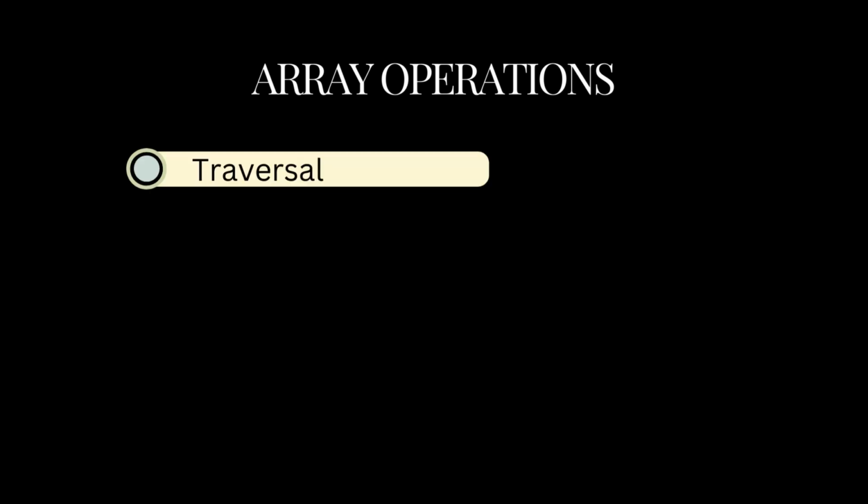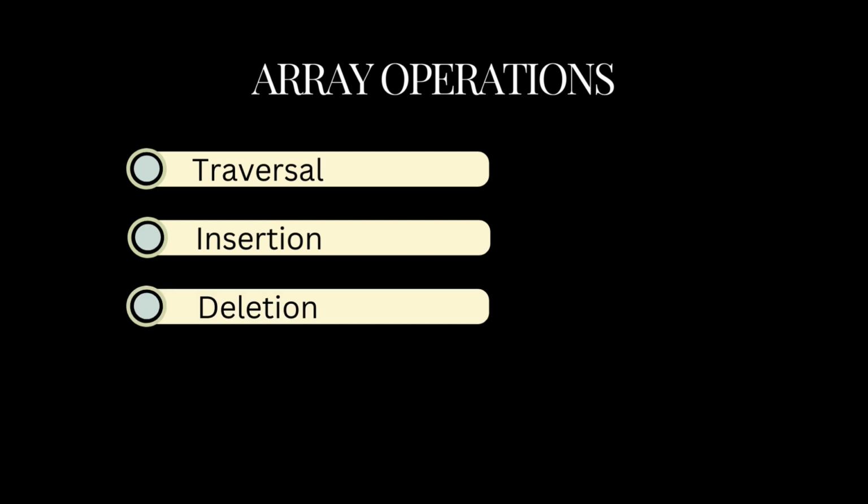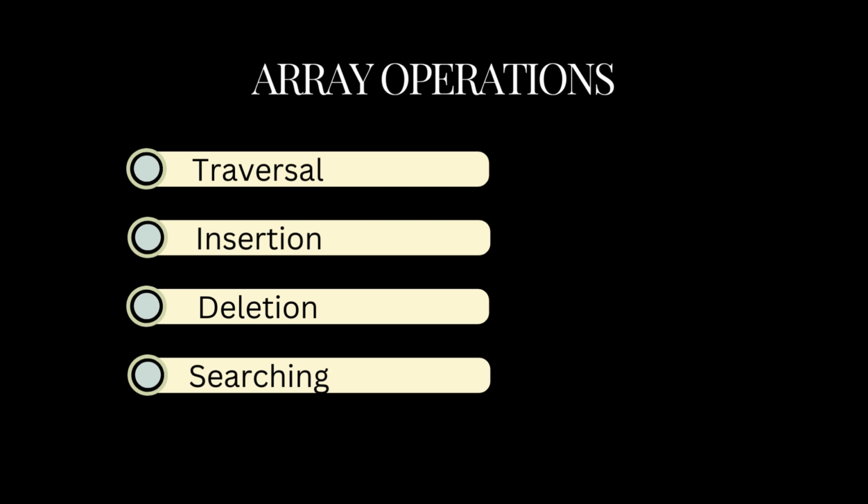Now we will look into some common operations that we can perform on arrays. Firstly, we can perform traversal of an array, that is, we can have a walk through the array. Secondly, insertion. Insertion deals with adding items into the array. Next comes up deletion, that is, removing items from the array. Searching is used to find an item stored in an array.